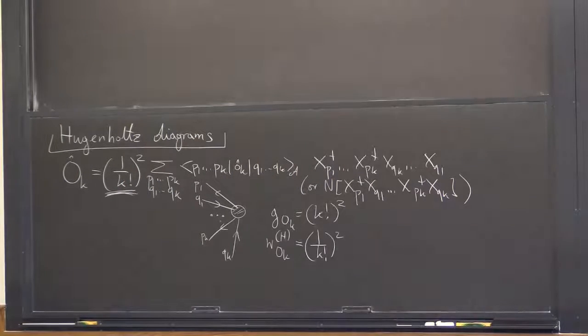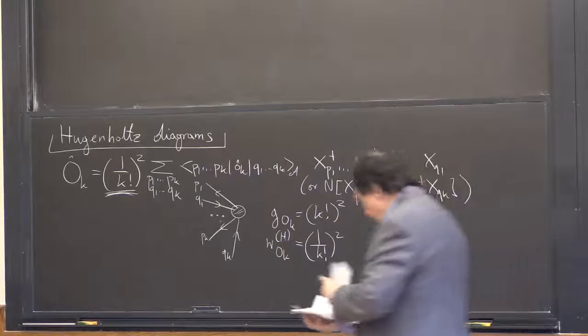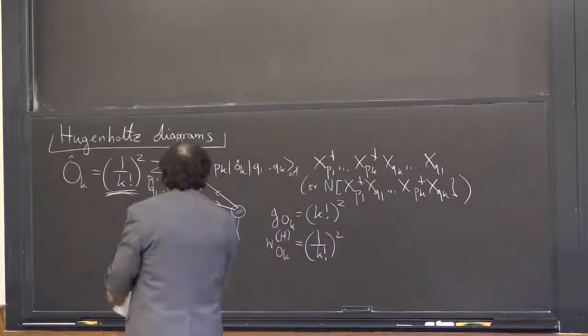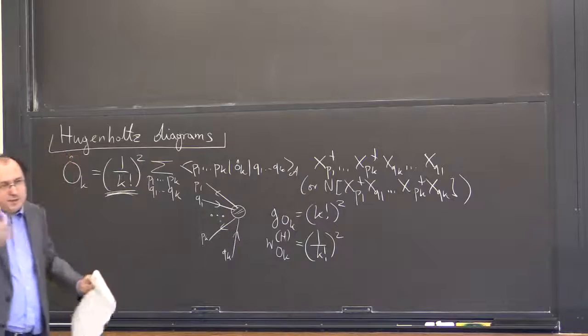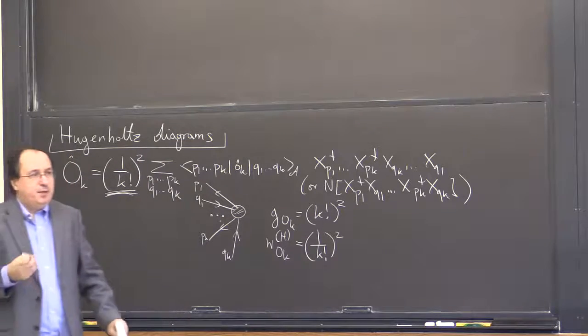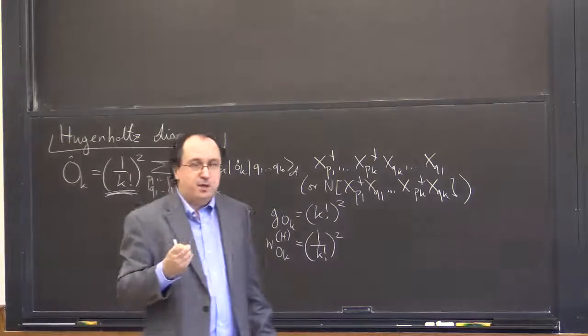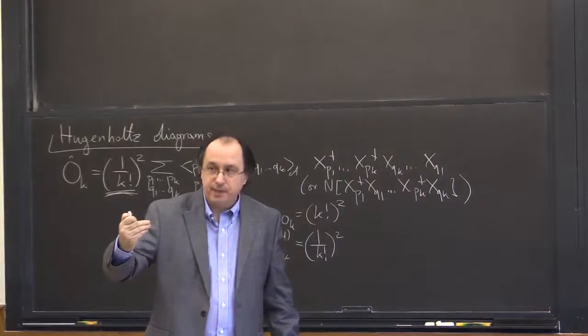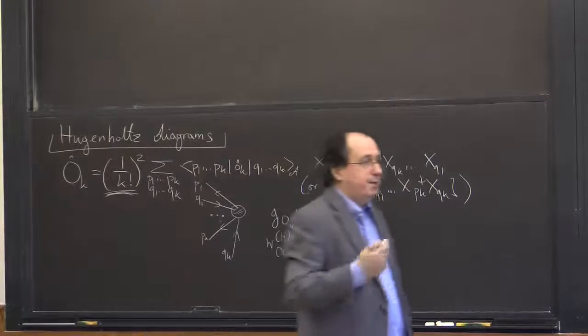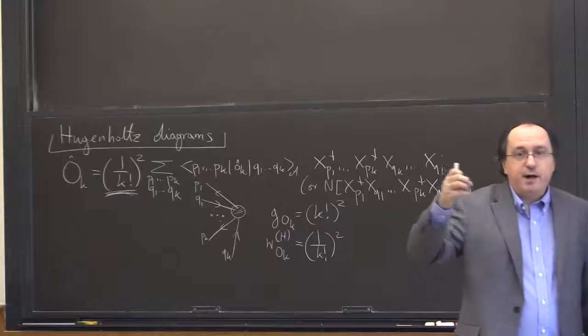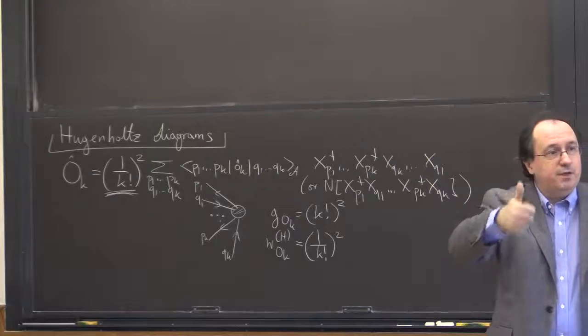That is, I want to make sure that we do distinguish between the weights of the Hugenholtz diagrams and the weights of the Goldstone diagram. So now, as already implied, there's this issue of the sign factor. If you really look at our fundamental theorem of the diagrammatic methodology, then in the sign factor determination, we need to know the number of internal hole lines.